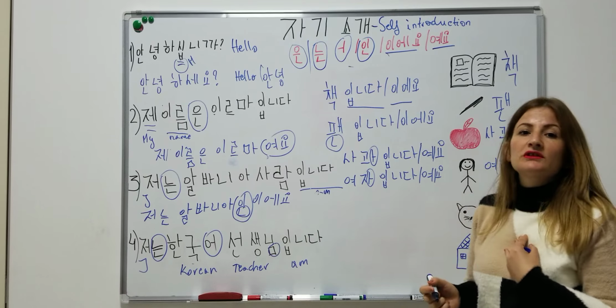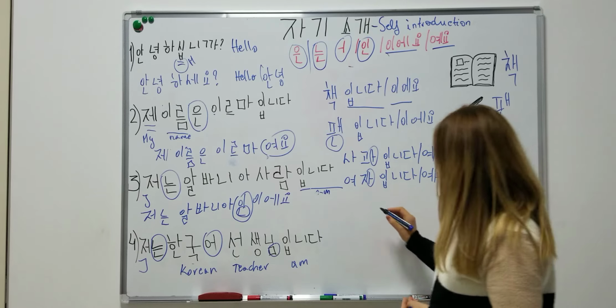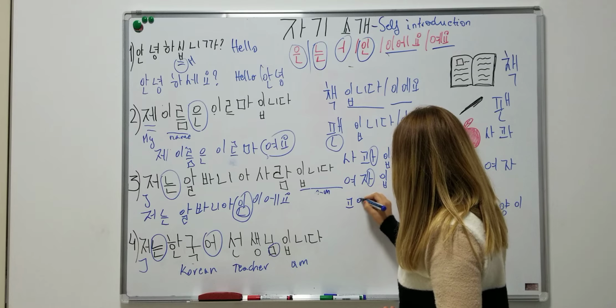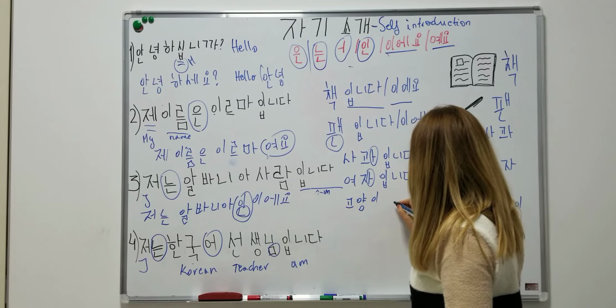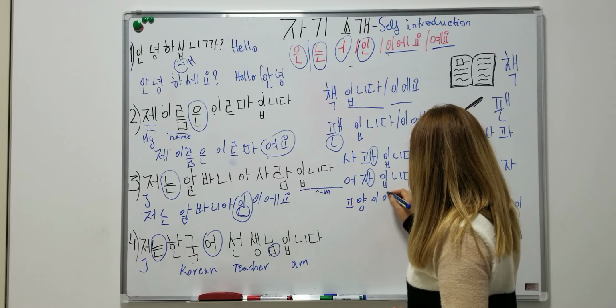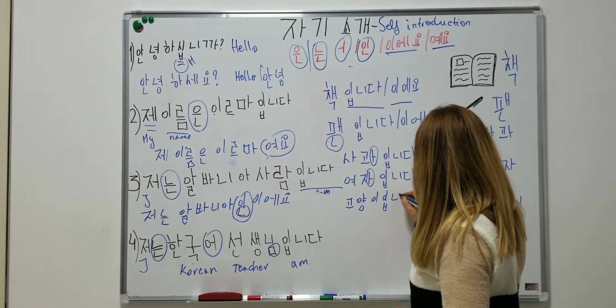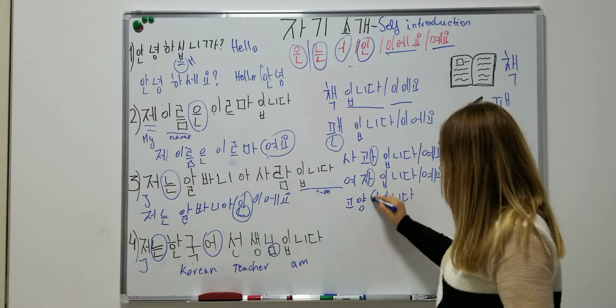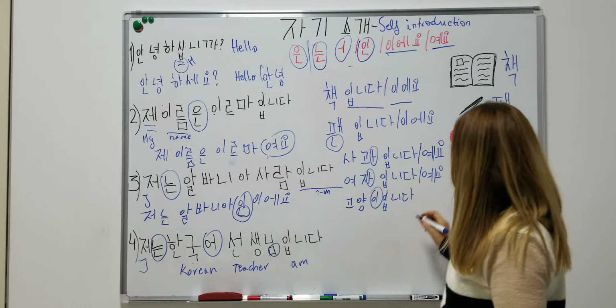So, if I want to say it is a cat, I would say 고양이입니다. Or, since it ends in a vowel, 고양이예요.